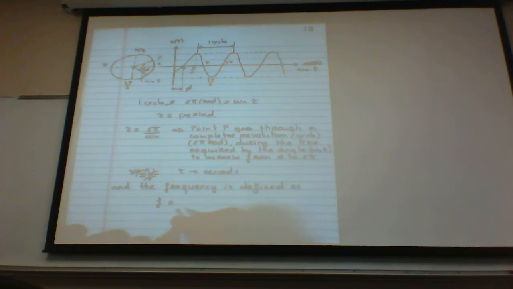So frequency will be equal to what? Omega n over 2 pi? Yeah, it's one over the period, so it will be omega n over 2 pi. So what will be really the units? Inverse of time units. Inverse of time units, which is Hertz.